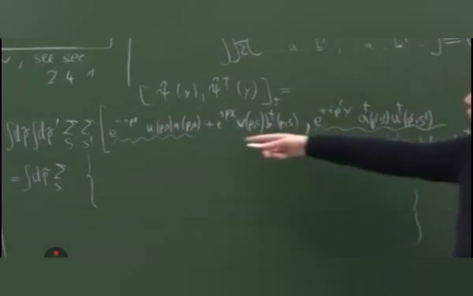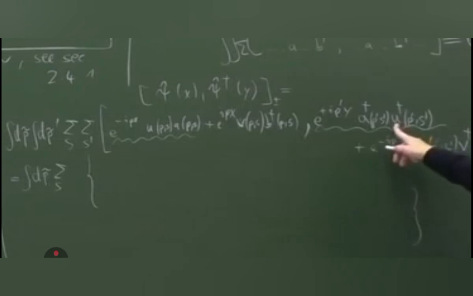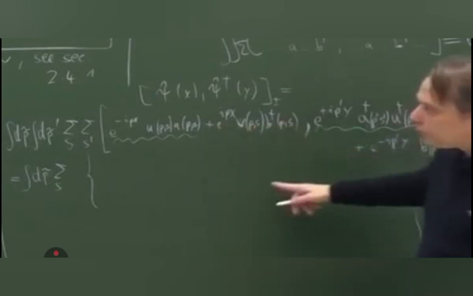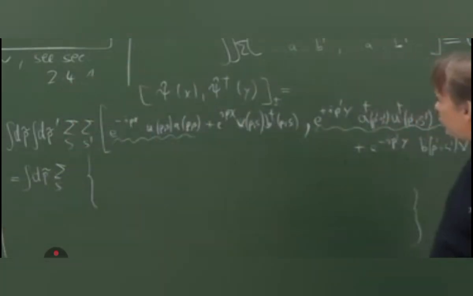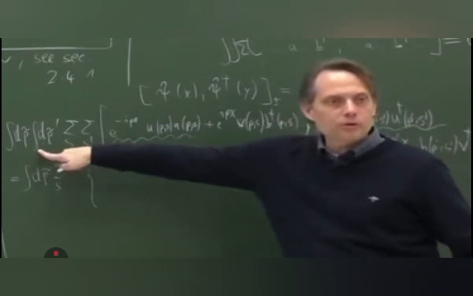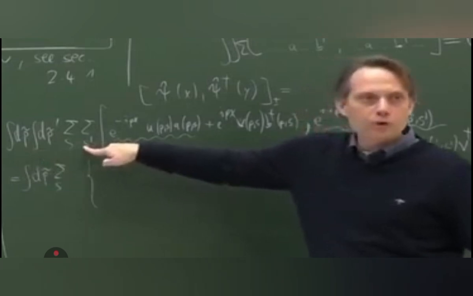So we have the two exponential functions, u and u dagger. These are just numbers, but here we have an operator a and a dagger. And the commutator of a with a dagger is written here, and it gives the usual thing with a delta function. So this commutator cancels exactly the p prime integral, and it cancels the sum over s prime. S prime becomes s, p prime becomes p.